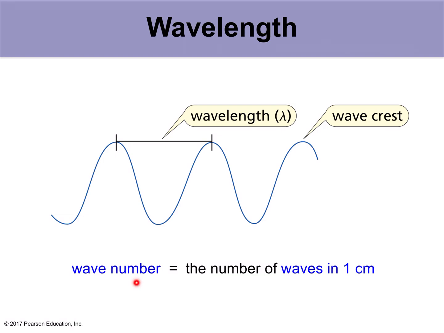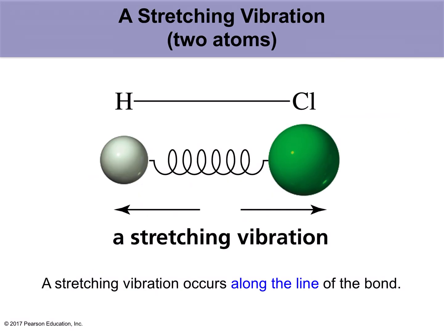The wave number is the number of waves in 1 centimeter. If you take 1 centimeter, how many waves are there? That is called the wave number. That is how we are going to put the peaks in the IR spectrum, as a wave number.